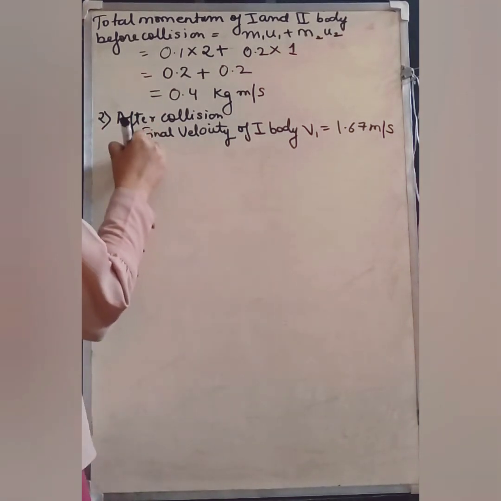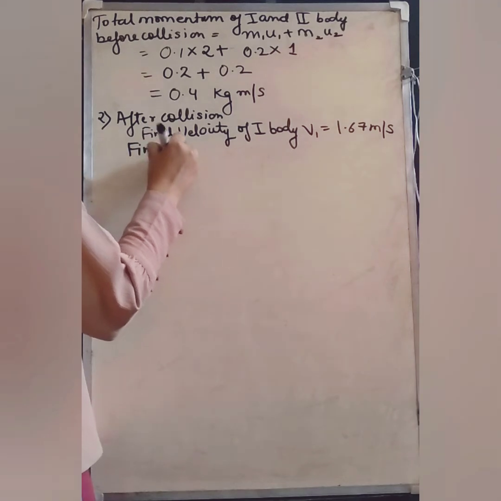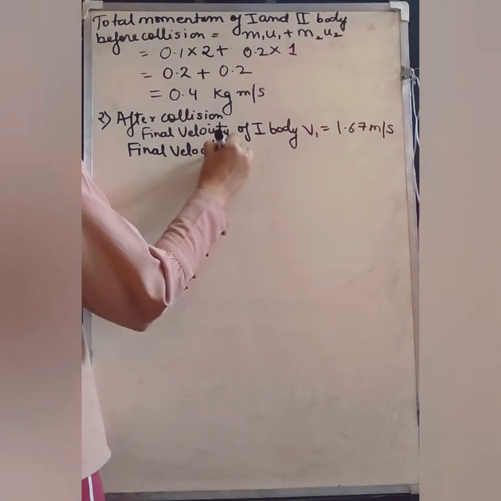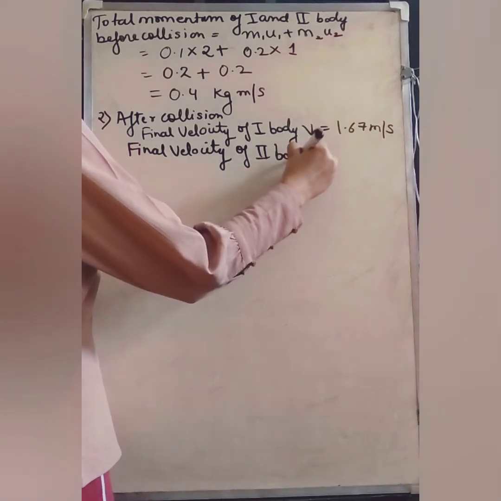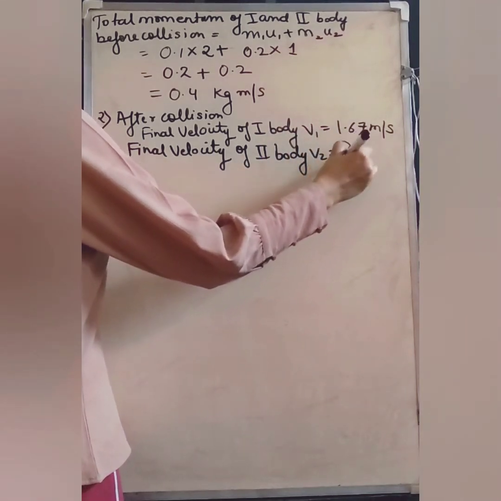So we need to find the final velocity of the second body, that is v2.